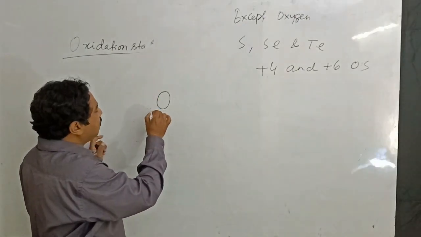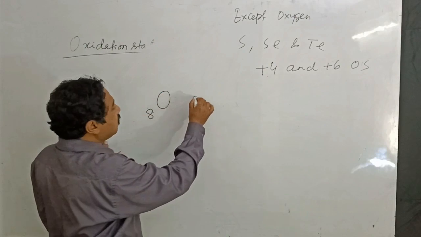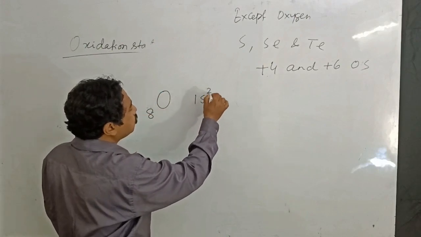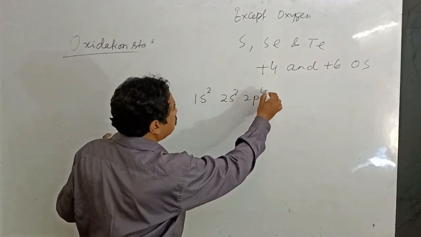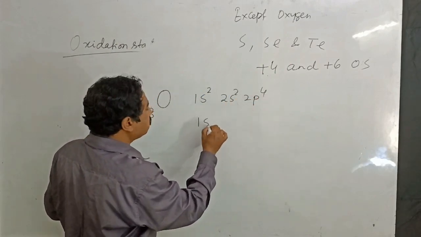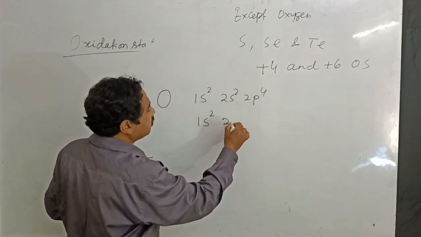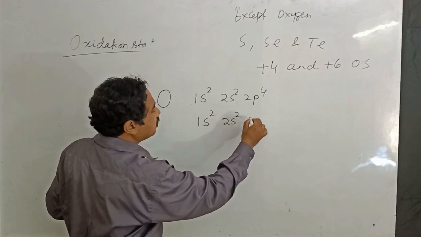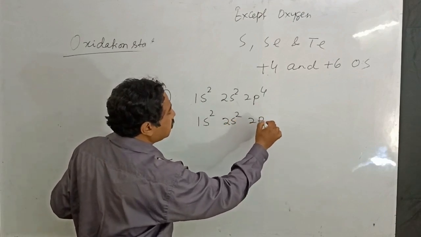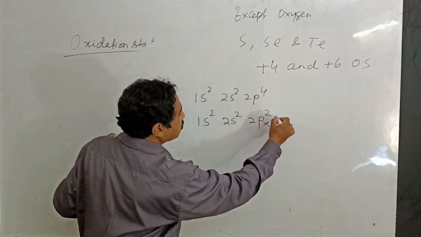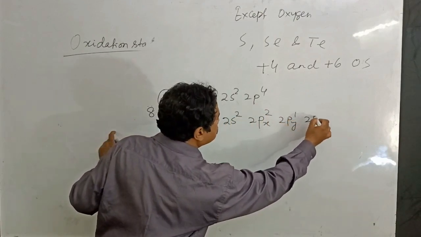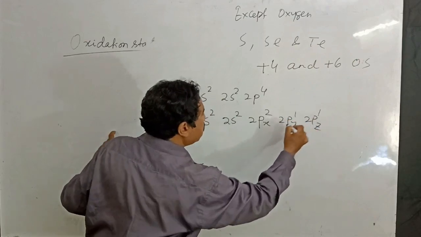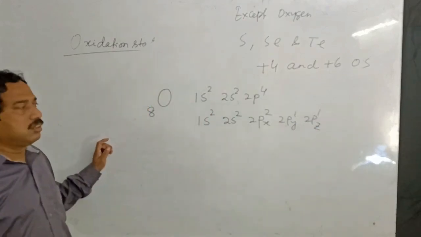Oxygen's atomic number is 8, and its electronic configuration is 1s2, 2s2, 2p4. Written in terms of orbitals, the valence shell configuration is 2px2, 2py1, 2pz1. So it has two unpaired electrons.